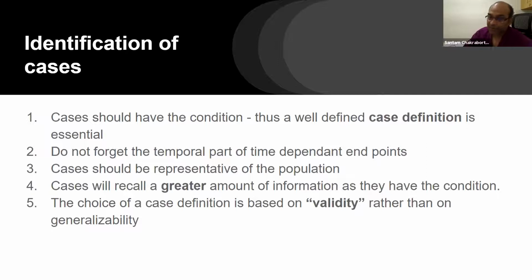You should always remember that the cases will recall a greater amount of information when they have the condition. And the choice of case definition is based upon validity. What does this mean? It means that this is a case definition that has been utilized in similar studies in the past.